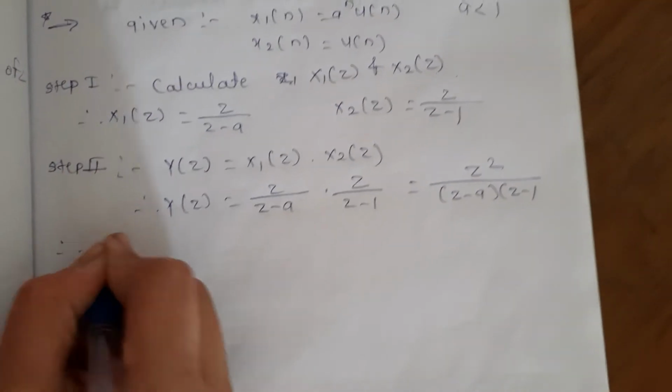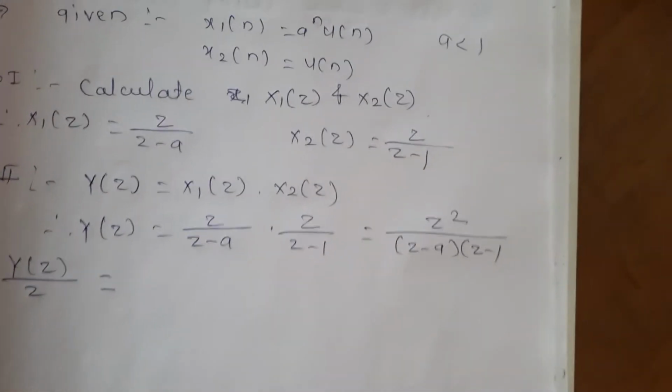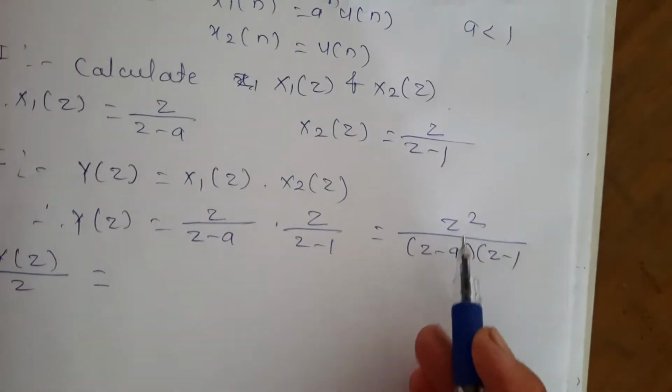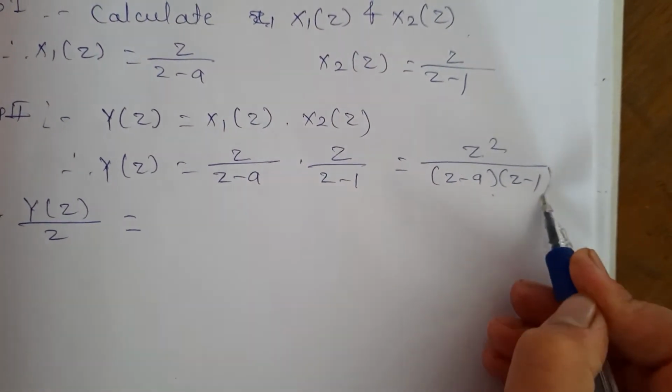So we can write this Y(z)/z is equal to, in this equation, one z comes here, it is z by (z minus a) into (z minus 1).